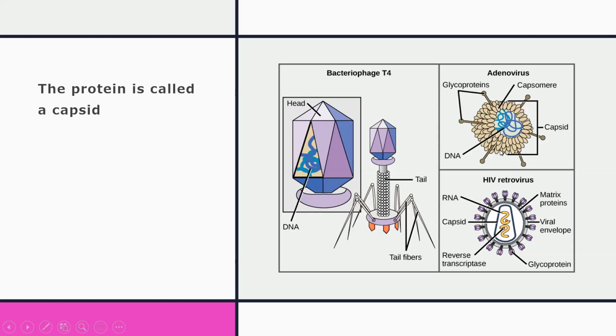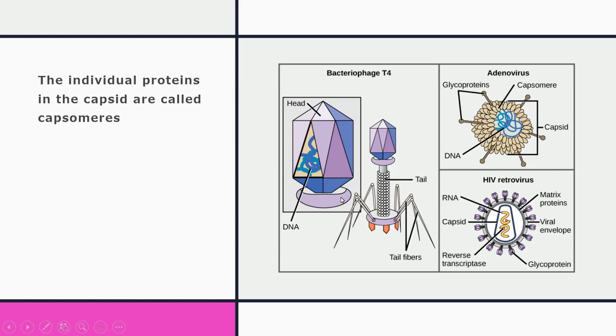This whole thing here is the capsid, and then inside here, around the genome, is the capsid. So these little circular monomers here. And so every single virus is going to have some sort of genome, DNA or RNA. It's going to have some sort of capsid, like here, here, and inside here.